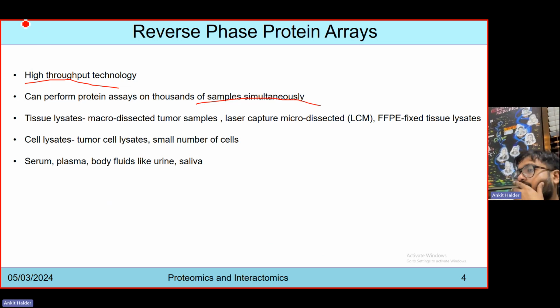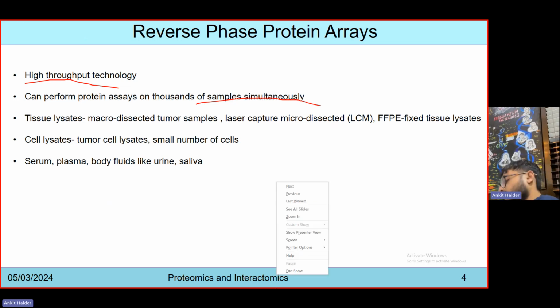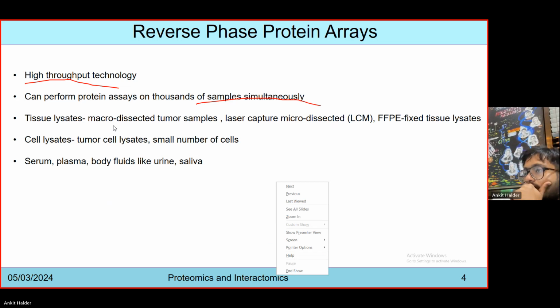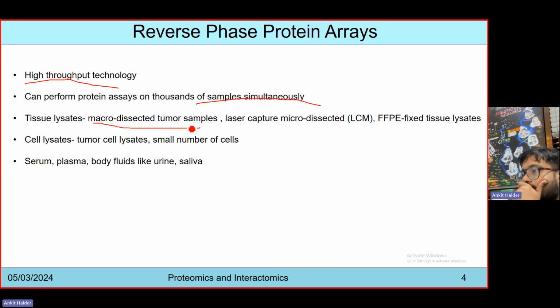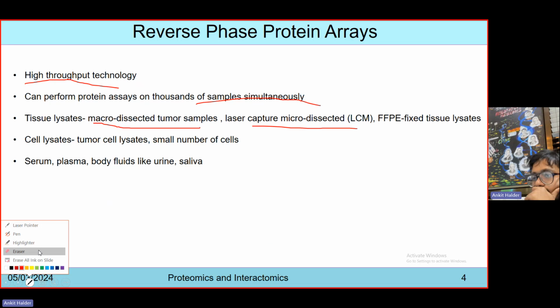So among the tissue lysates, what can you use for setting up the experiment of reverse phase protein microarrays? One is macro dissected tumor samples, laser capture micro dissected, and FFPE fixed tissue lysates. All these three categories you can take forward.